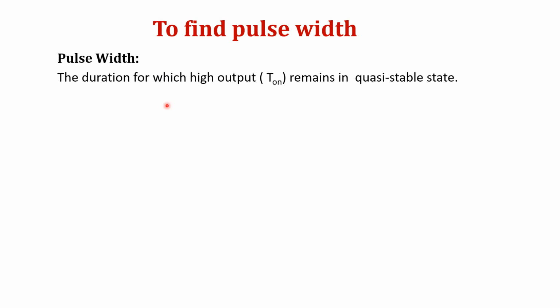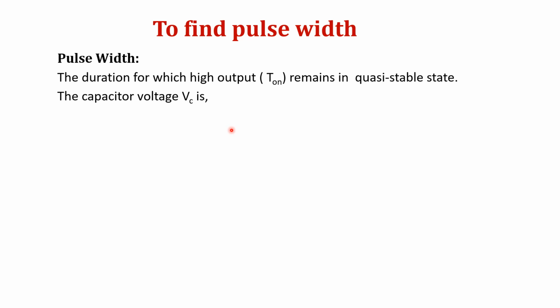To find the pulse width, we define pulse width as the duration for which the high output remains in the quasi-stable state. For that, we use one relation.